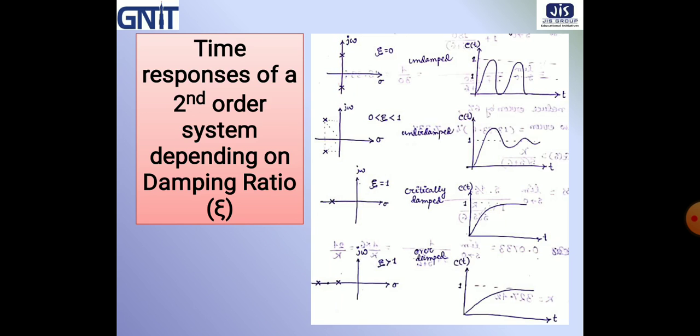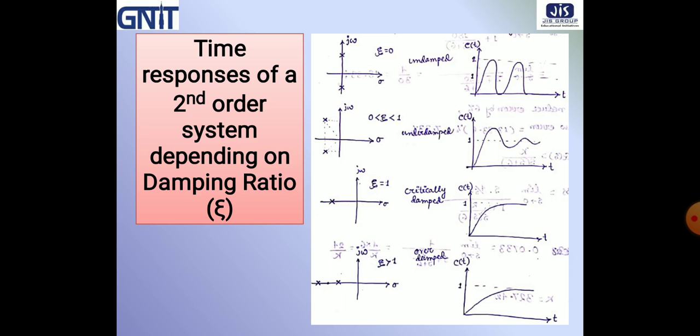Now for the undamped system, in our lecture 12 we saw that for zeta equal to 0, the time response will be like this, and it will be oscillatory in nature. So this is our time response for the undamped system.